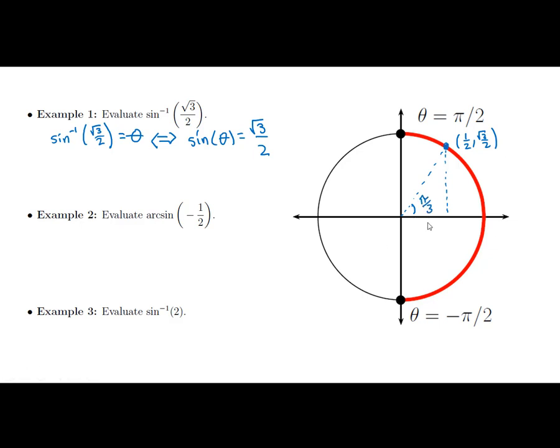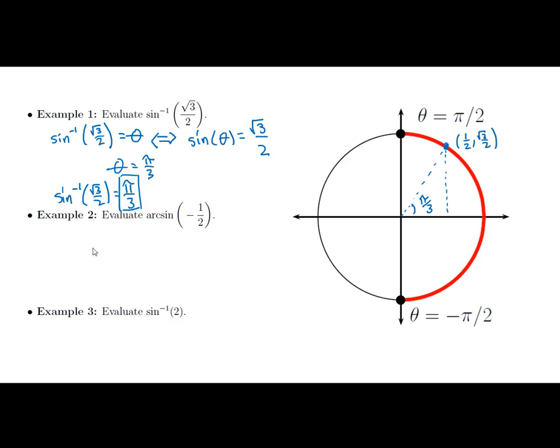So that's my answer right there. Theta, if this is true, must equal pi over 3. So therefore, sine inverse of the square root of 3 over 2 equals pi over 3. That's my answer. All right, let's do another one here.